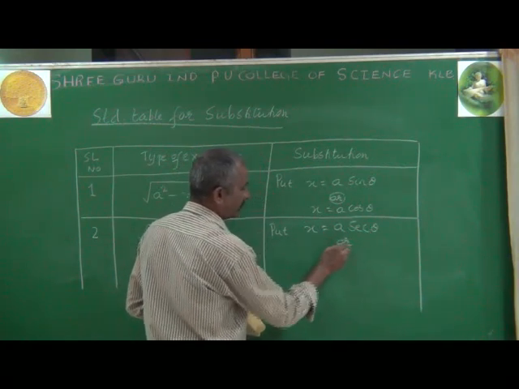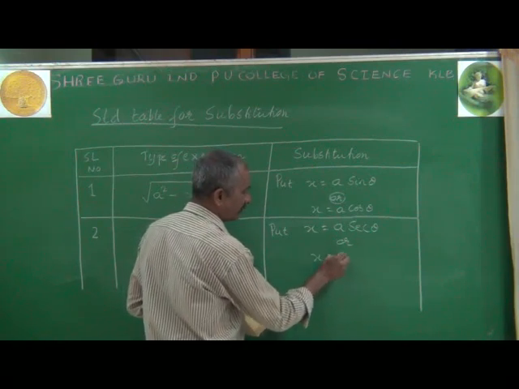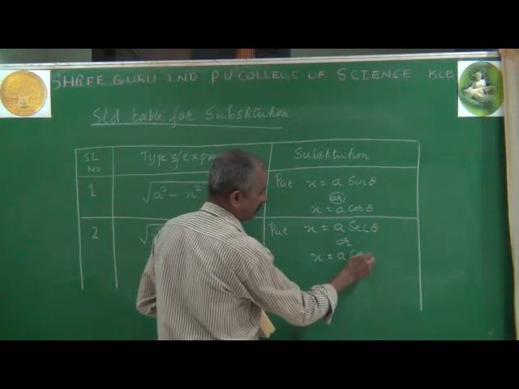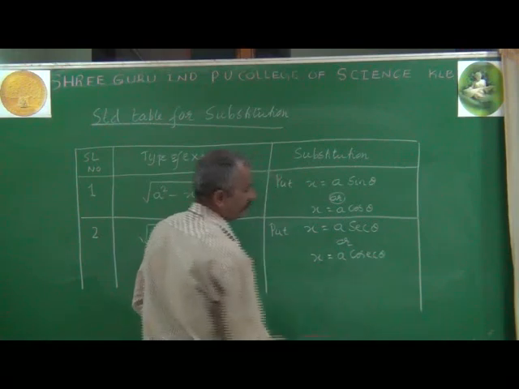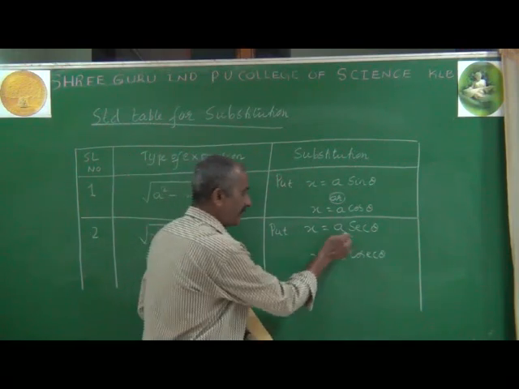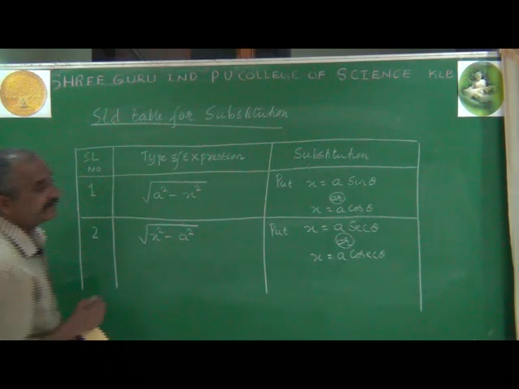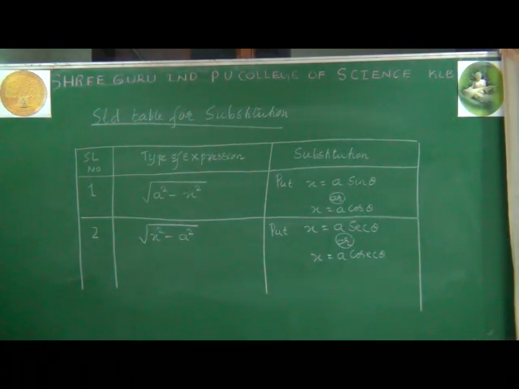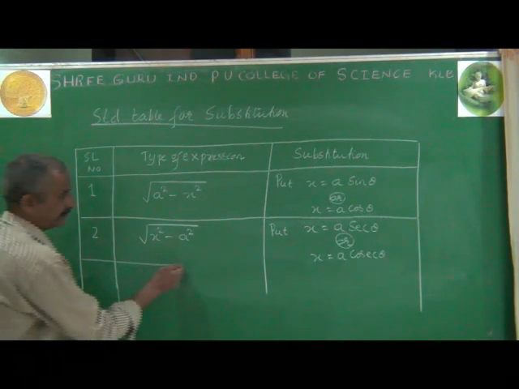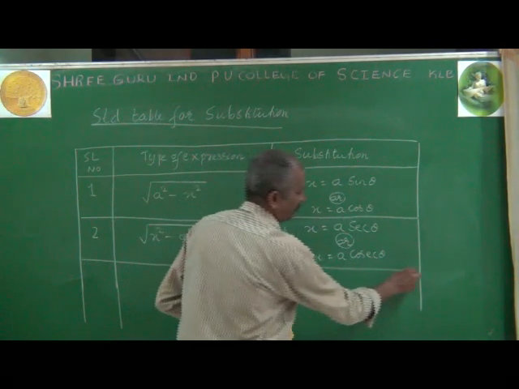You can even put x equal to a cosec theta also in some cases. Take either x equal to a secant theta or x equal to a cosec theta, depending on the expression. That is the second substitution.